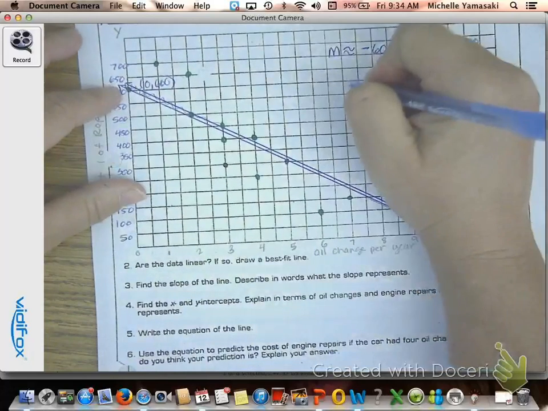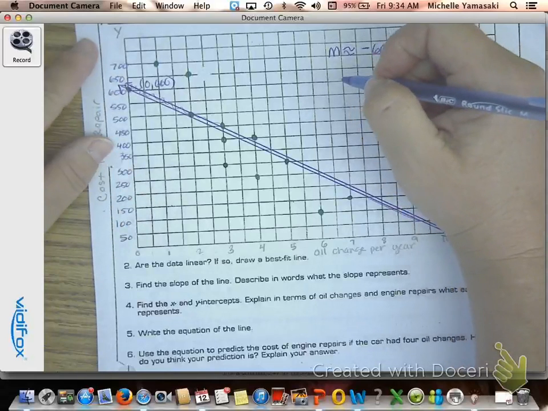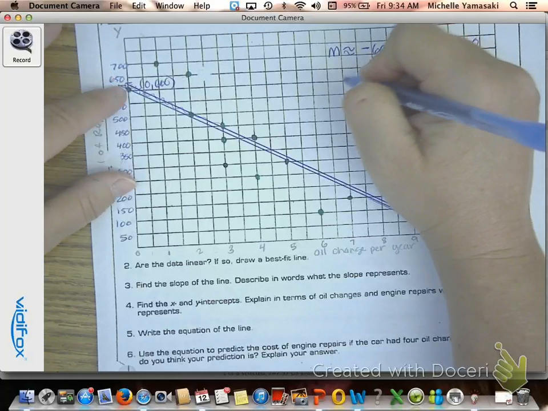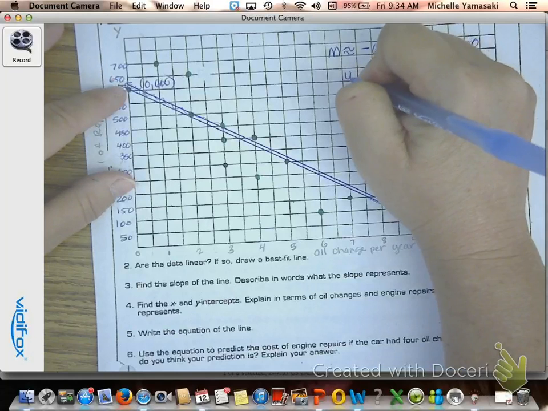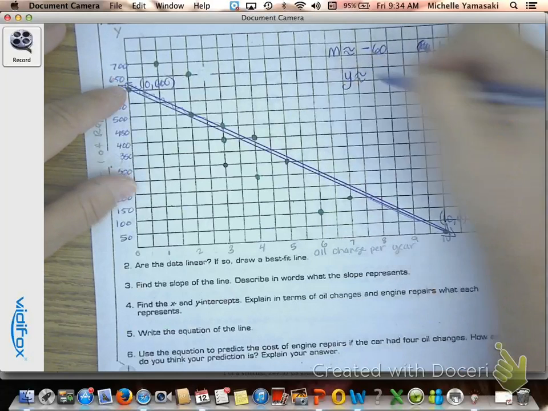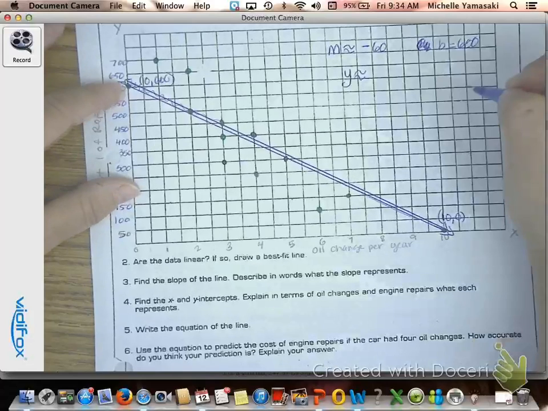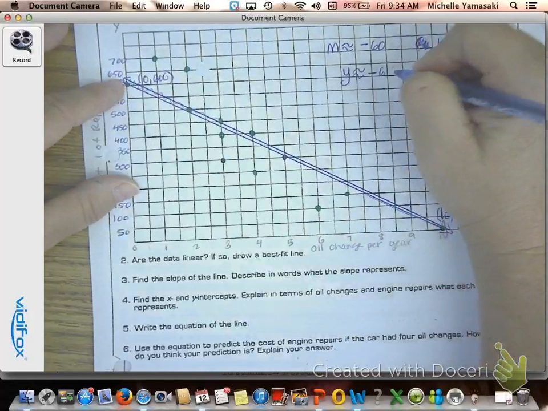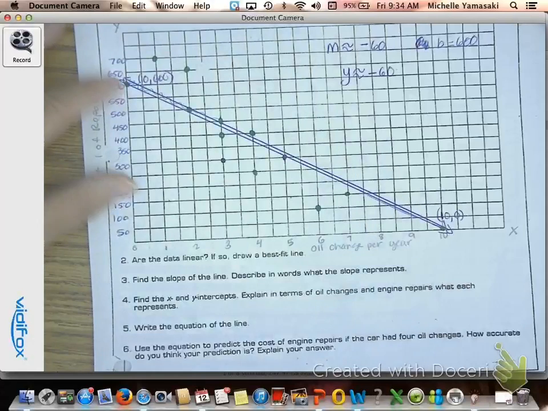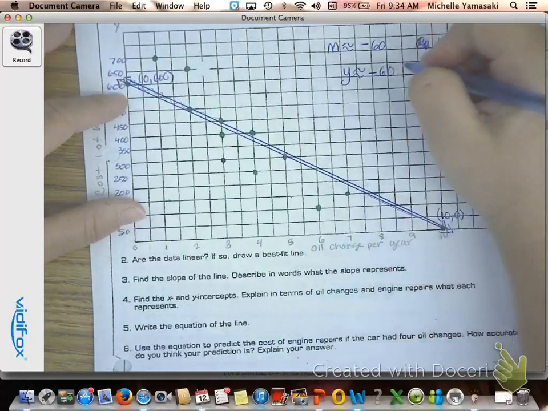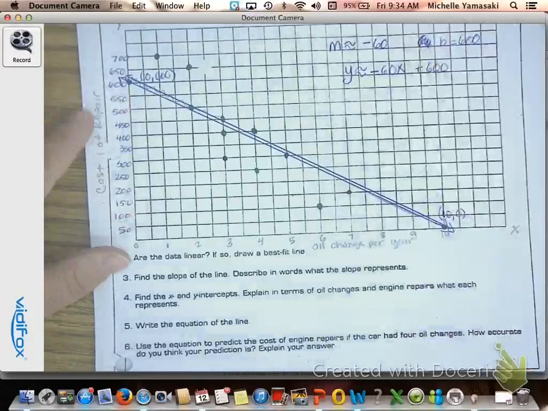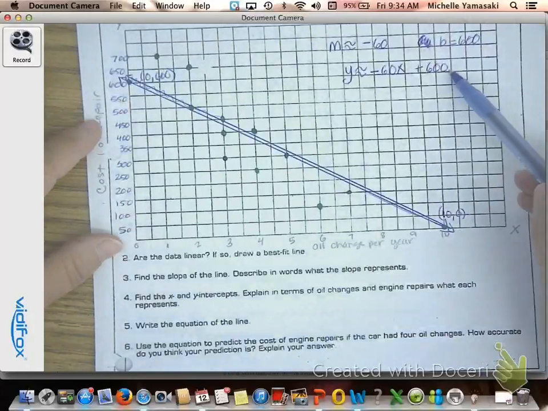So what is my approximate equation? y is about equal to negative 60x plus 600. Okay, now we've written the equation of the line.